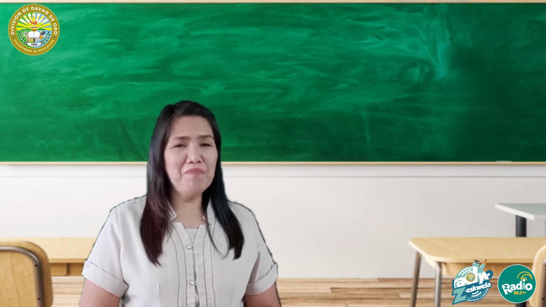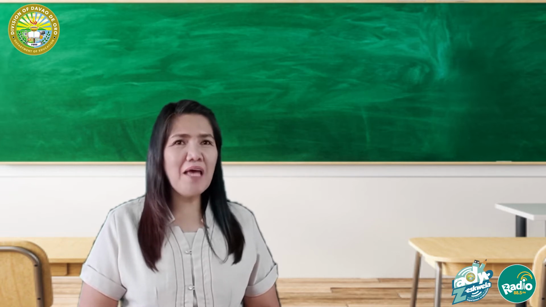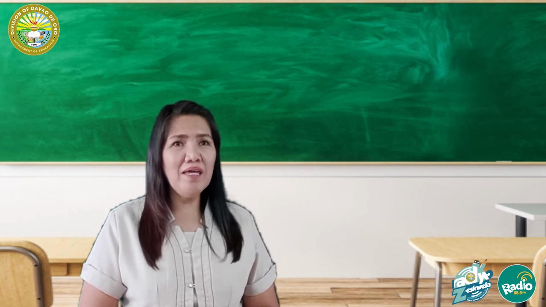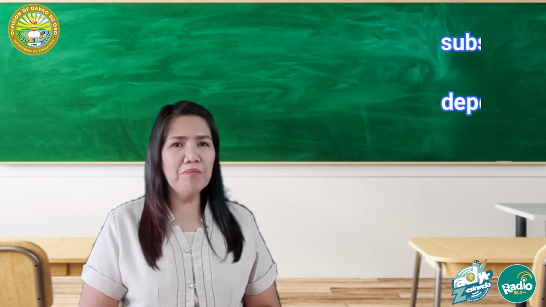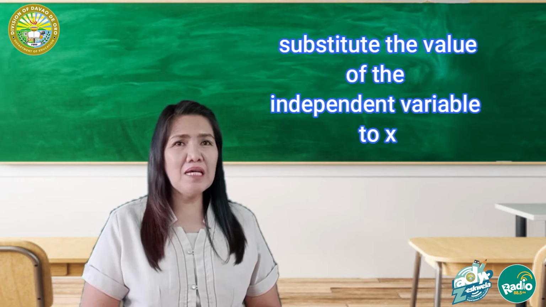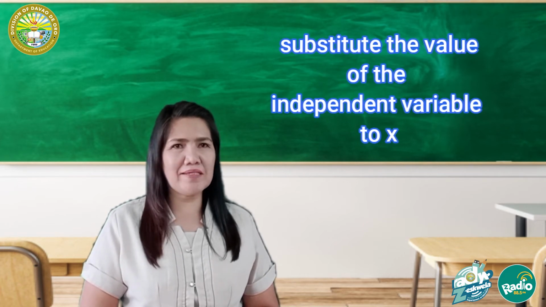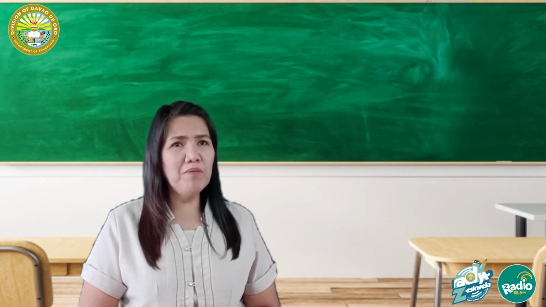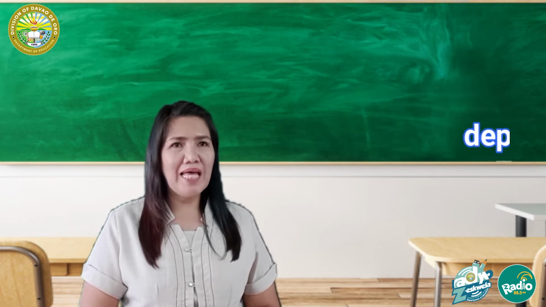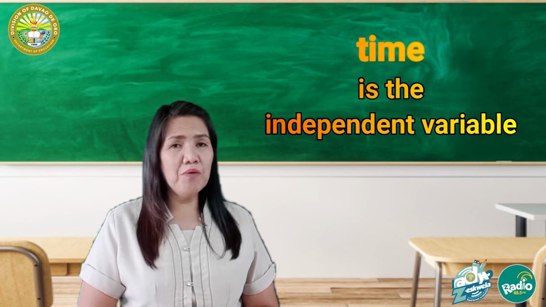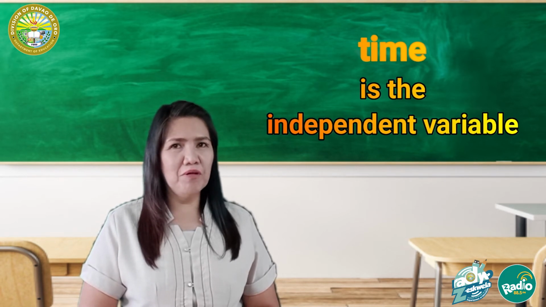Identify your dependent variable and substitute it to y, and identify also the independent variable and substitute it in place of x. In our problem, distance is our dependent variable and time is our independent variable.